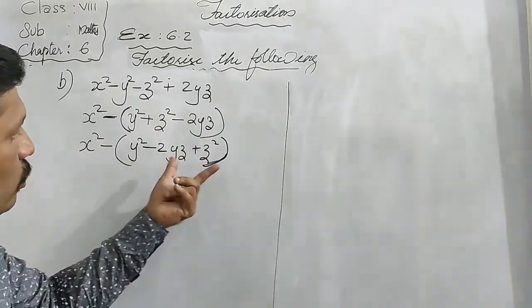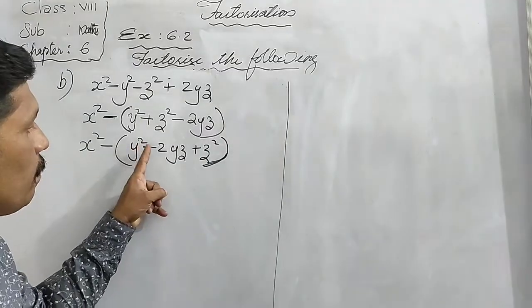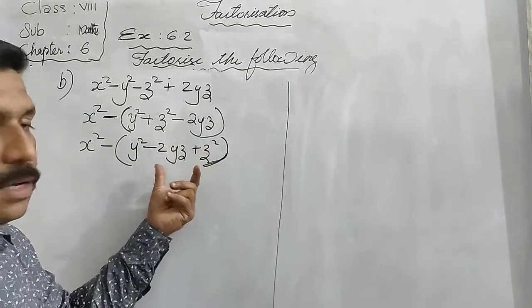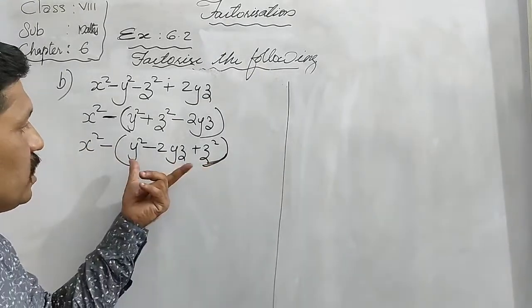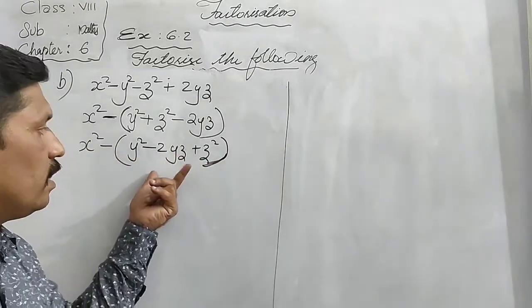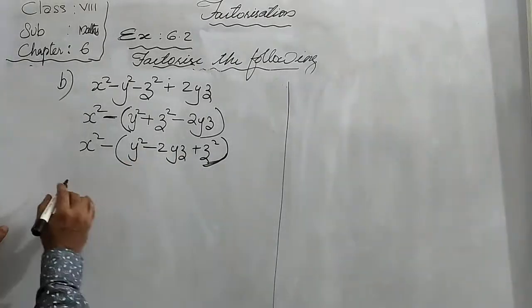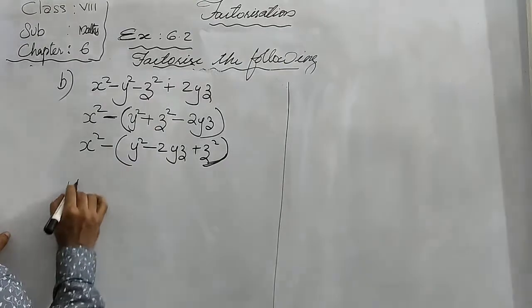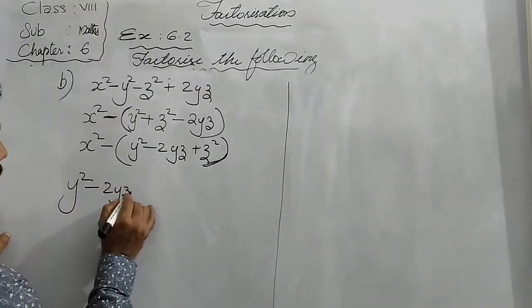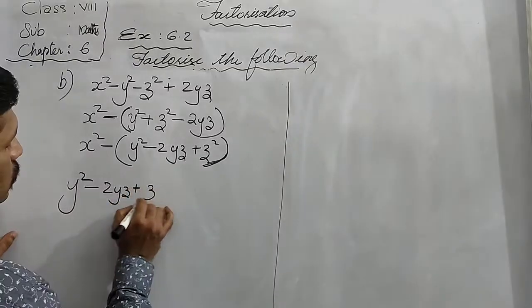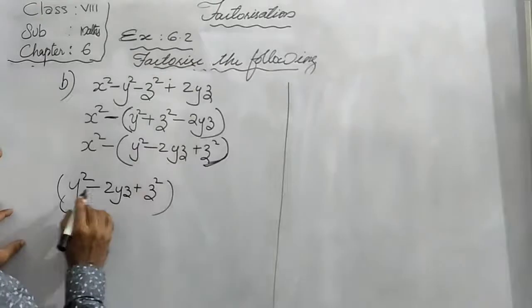That is, this trinomial now is according to the property a square minus 2ab plus b square. Now we have to factorize this second trinomial using the identity. So I am writing this trinomial only: y square minus 2yz plus z square.